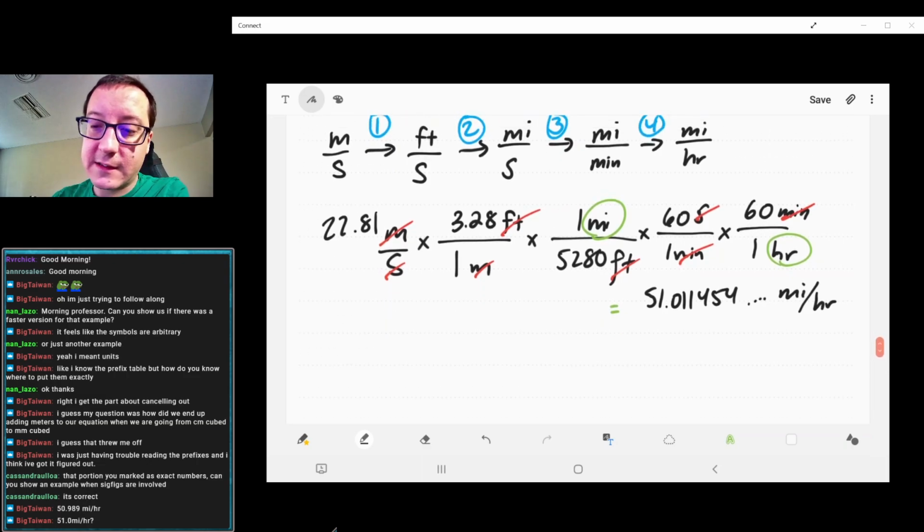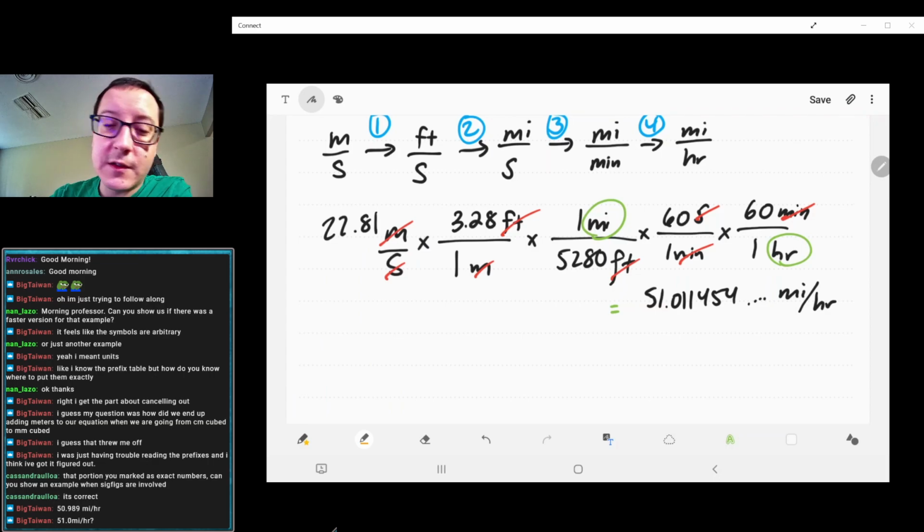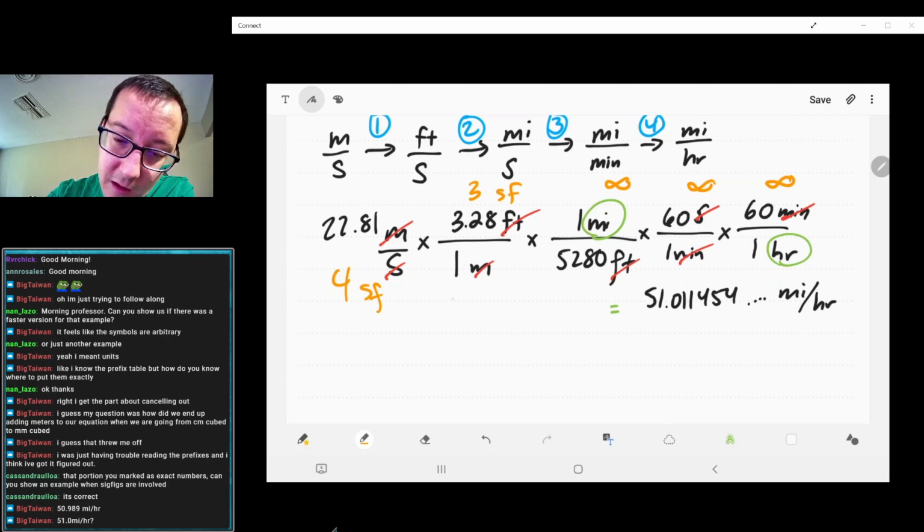All right, let's look at sig figs. Out of colors. Oh, orange. I haven't used orange yet. So, we have 4 sig figs for our starting number. We have 3 sig figs here for our second number. And then we have infinity for these last 3 because those are all defined ones. Notice that the 1 doesn't matter here.